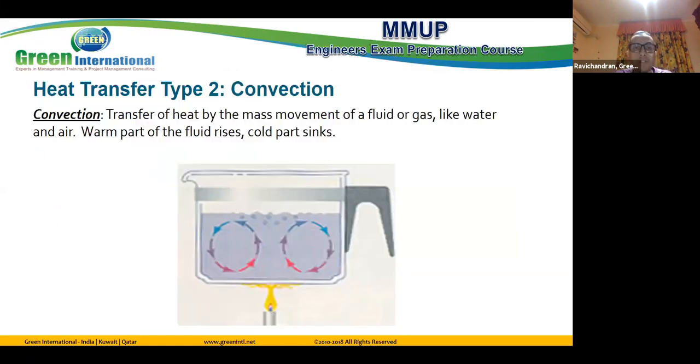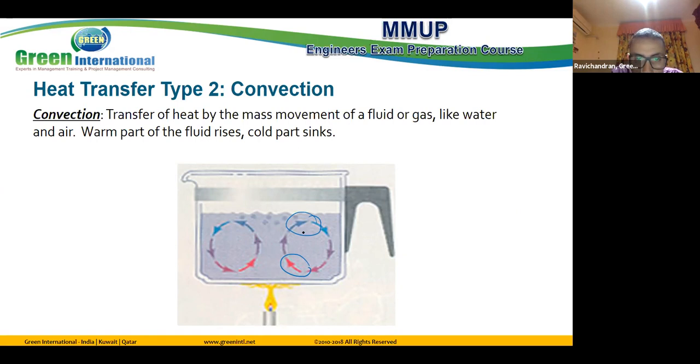Convection. Convection heat transfer is the transfer of heat related to movement. As you see, the contact here between the burner and the glass pan makes this part hot. What happens? The hot part goes up and the cold part moves down. So this is the mass movement of a fluid or a gas, like water and air or whatever.